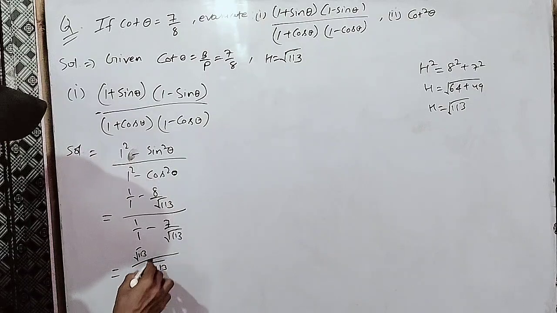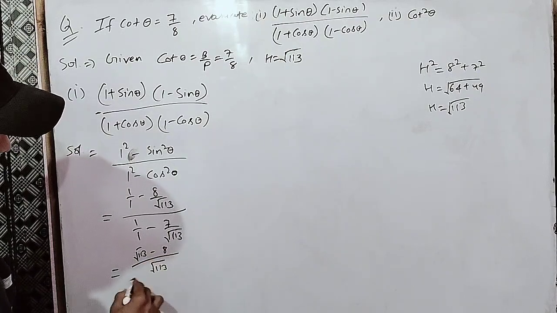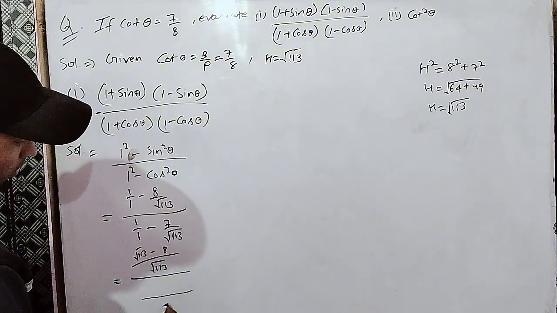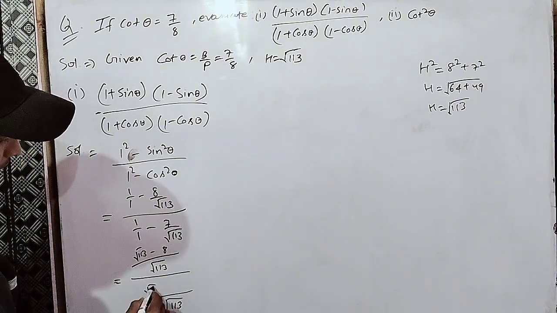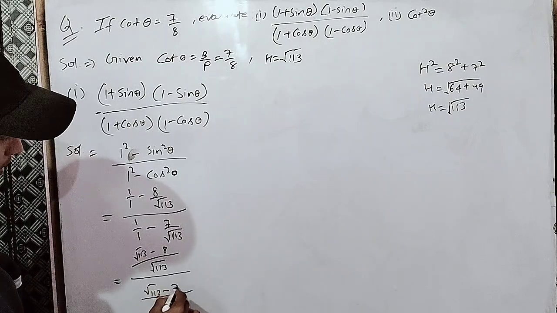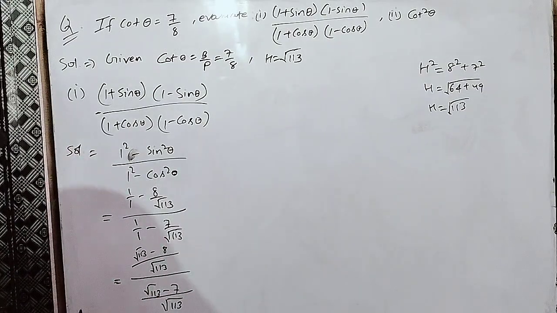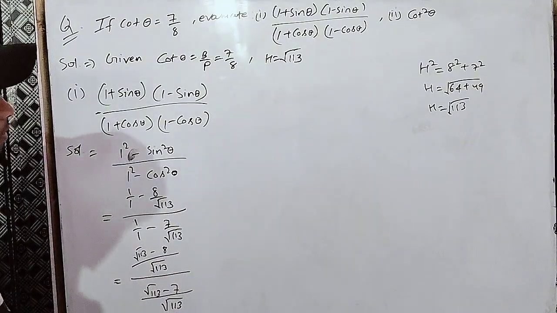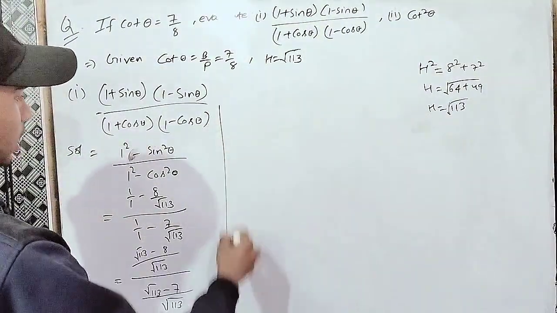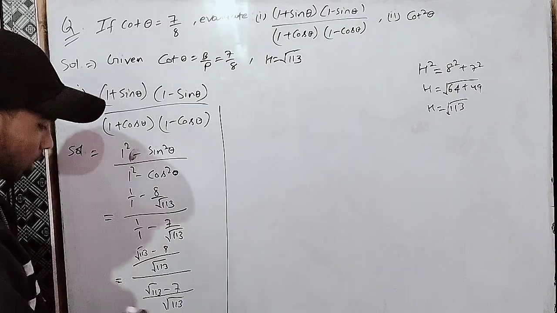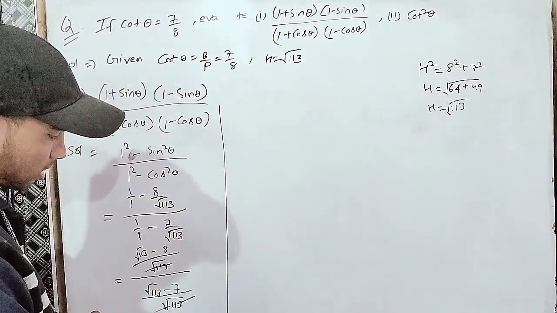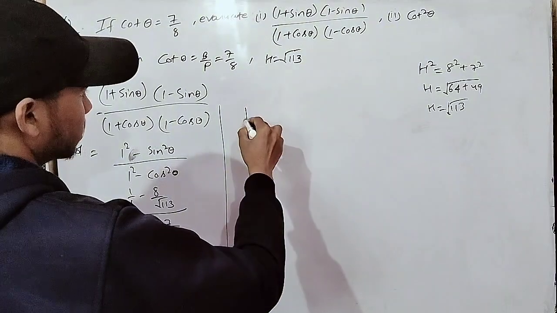Am I right or not? Clear? Then we have, and now 7. This is the equation. It's simple for you. I'm writing here. So I think it will get cancelled out. Am I right?